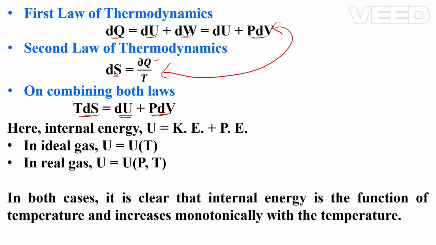Here, internal energy U is the sum of kinetic energy and potential energy. In case of an ideal gas, this internal energy U is a function of temperature only, but in a real gas, internal energy is a function of temperature as well as pressure. In both cases, it is clear that internal energy is a function of temperature and increases monotonically with temperature.